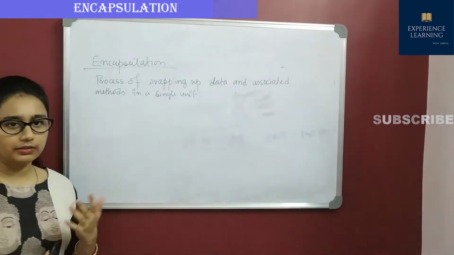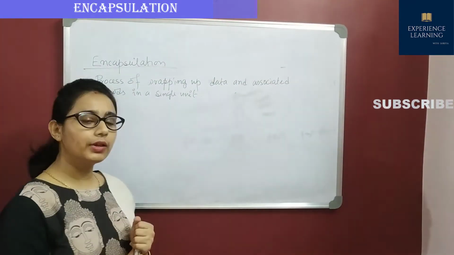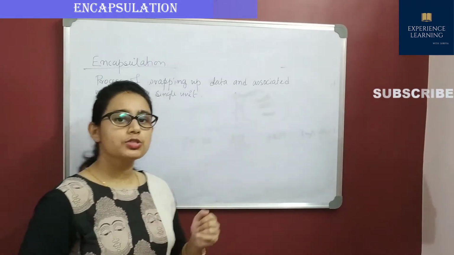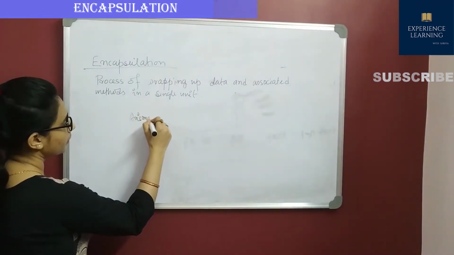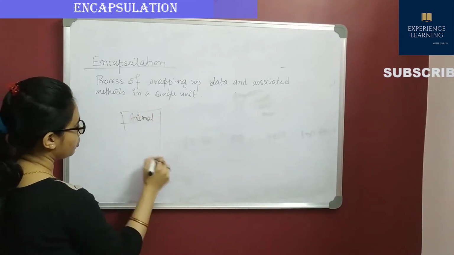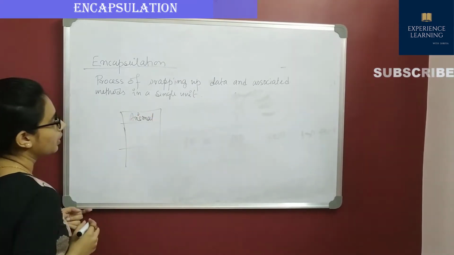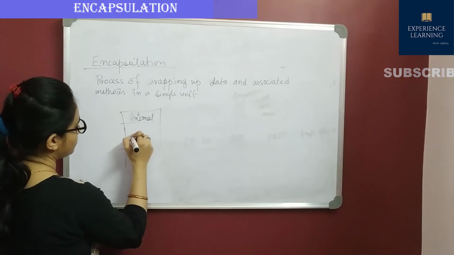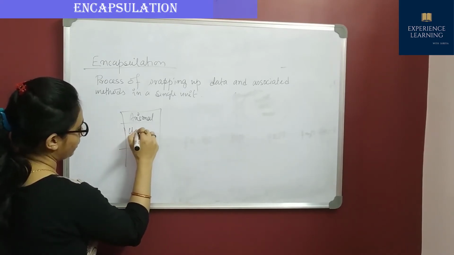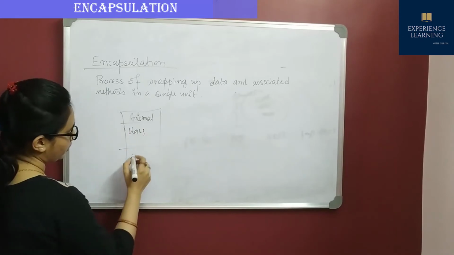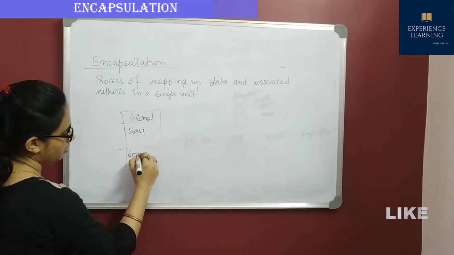Say for example, an animal. I can write some attributes, maybe the class of animal, and some behavior, like the sounds of the animal.